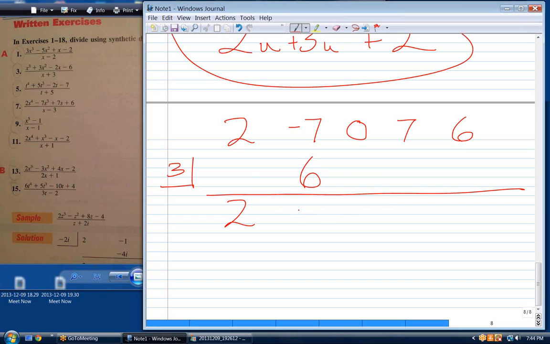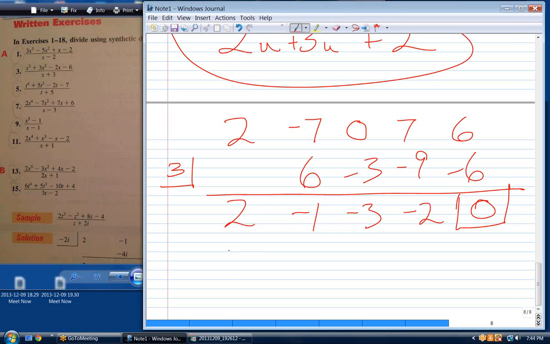It's 6, -1, -3, -3, -9, -2, -6, 0. See, the beauty of synthetic division is you get to add. Whereas when you do long division, you have to subtract, and adding is always easier than subtracting.